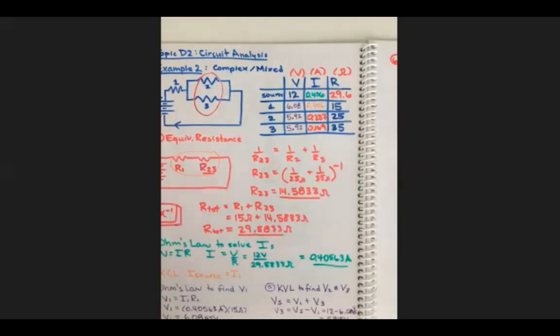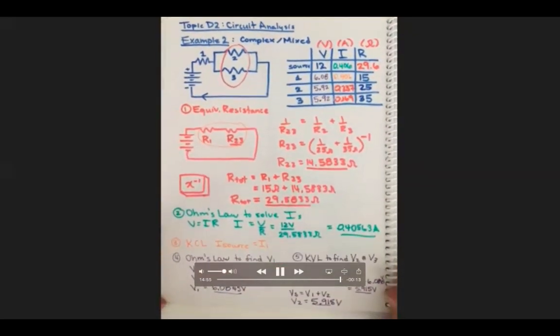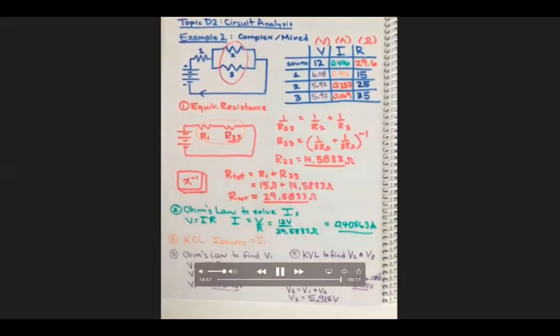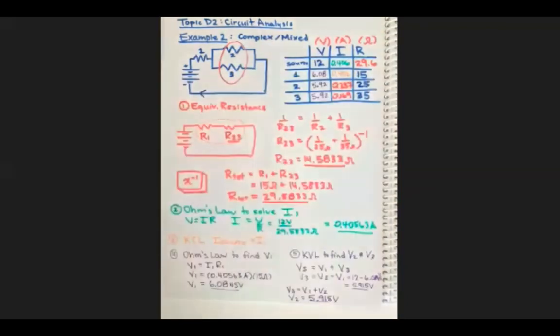Okay, double checking, every row must satisfy Ohm's law. Every column you must consider KVL, KCL, or equivalent resistance. So that is a complex or mixed circuit example where you are given all the resistances except for that top row there.